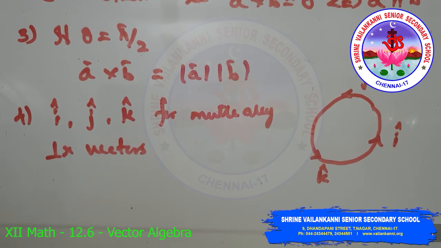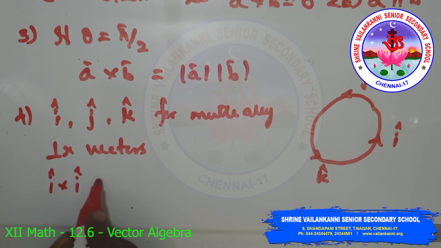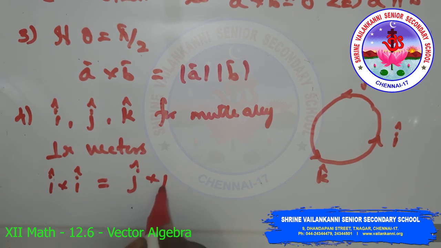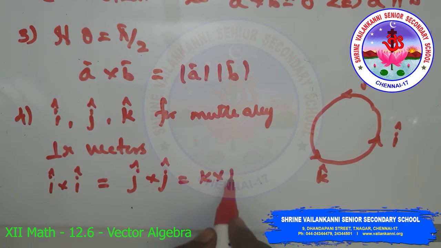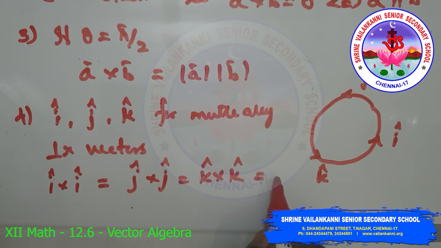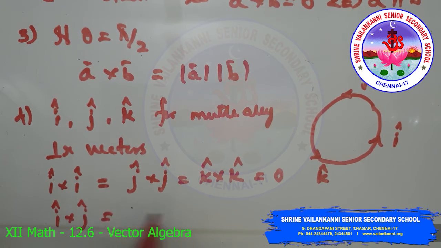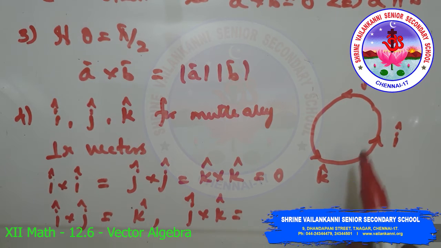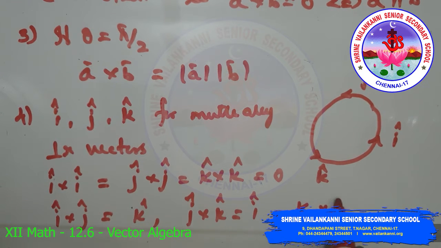For mutually perpendicular unit vectors i, j, k, we have i cross i equal to j cross j equal to k cross k equal to 0. So i cross j, along this direction, is k; j cross k is i; and k cross i is equal to j.